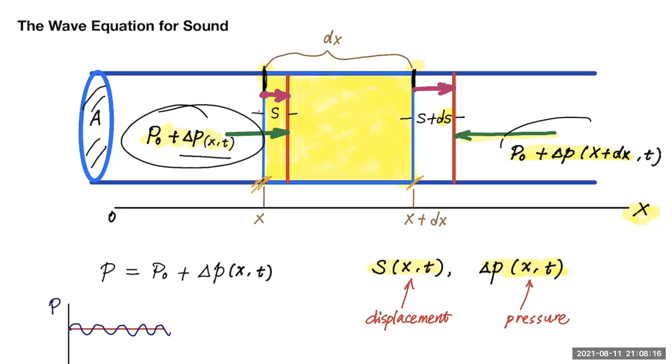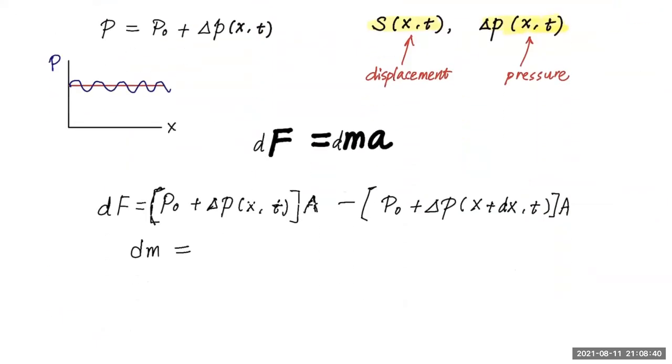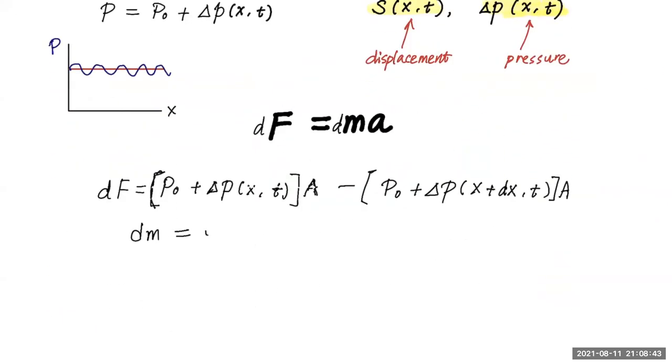The density is rho, the uniform rho before any sound wave is present, multiplied by the original volume, which is area A times the original length of the column, dx. So dm is rho dV, which is just rho A dx.